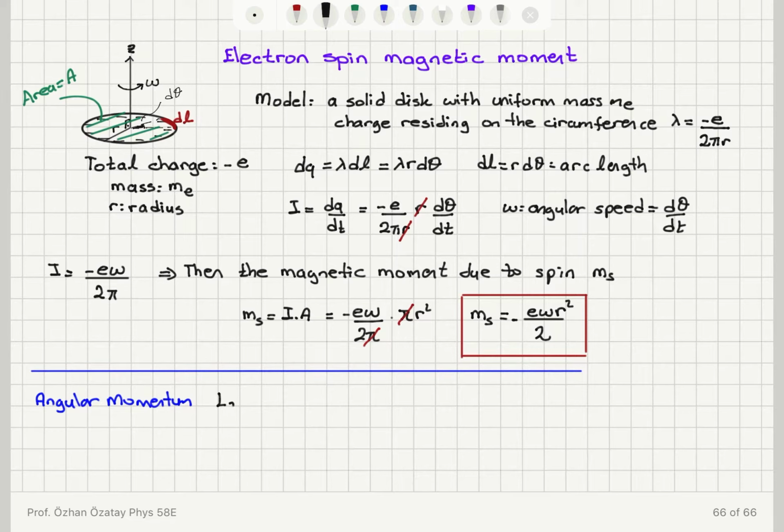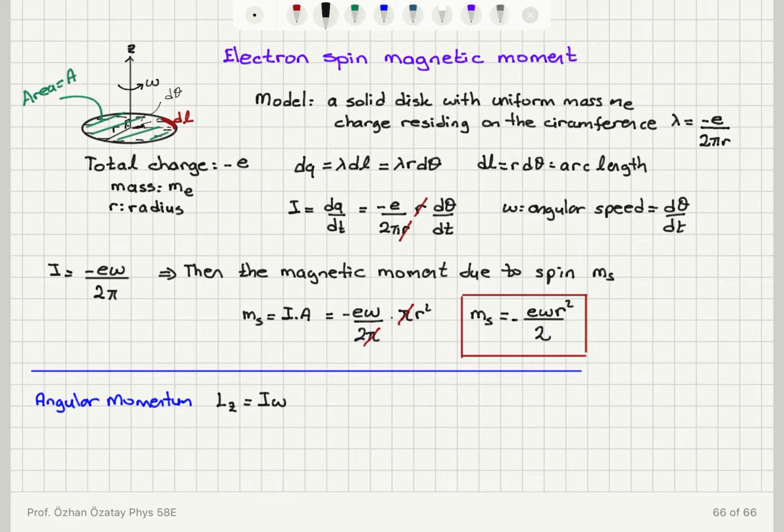The angular momentum Lz is equal to I omega. Its direction is found by using the right hand rule, so you can curl your fingers along omega. The angular momentum vector is pointing in the z direction, or r cross mv also gives you the same.